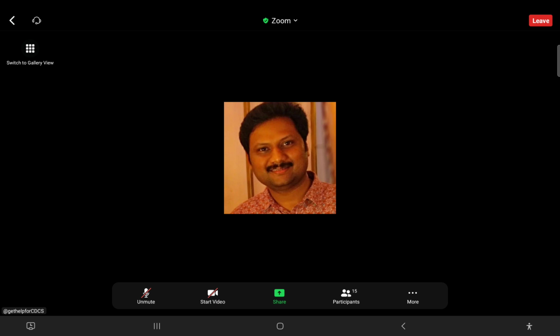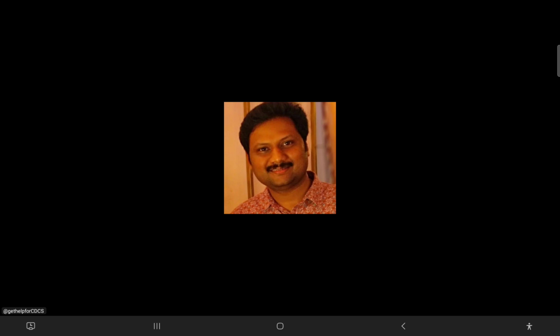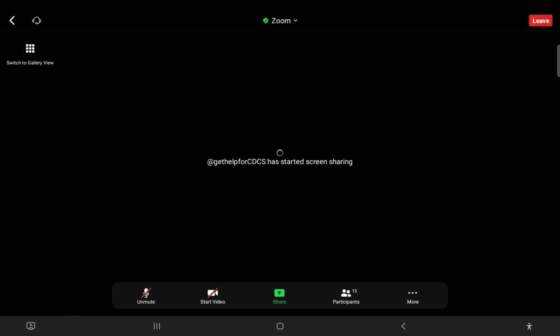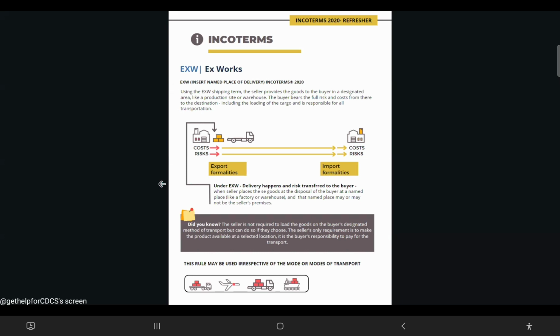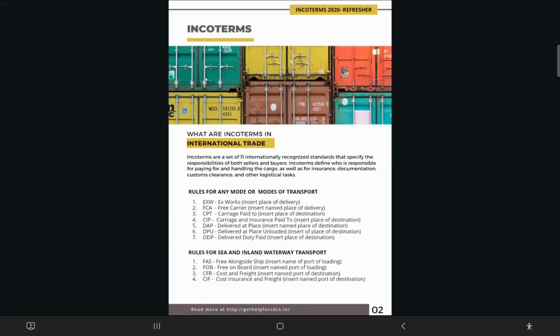Copy of incoterms. Yeah, there is one more thing I prepared.